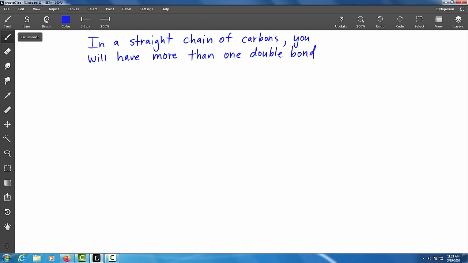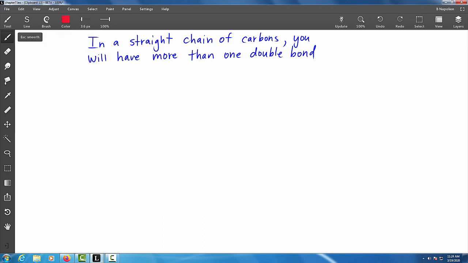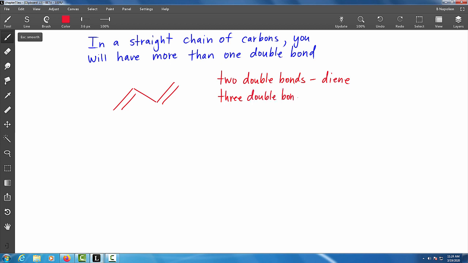So if you have more than one double bond, let's use this for example. Let's see, 2, 3, 4, okay? Now, 2 double bonds, that is a diene. 3 double bonds is a triene.